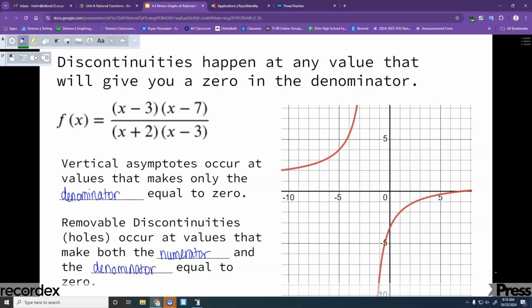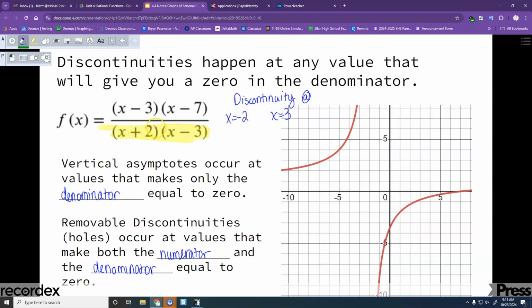Anytime we're looking at discontinuities, we really mostly only care about the bottom, right? So if I see this, I would know that I would have a discontinuity at both x equals negative 2 and x equals 3, because I have something in the bottom that would give me a 0. But only one of them is a vertical asymptote. The other is a hole.